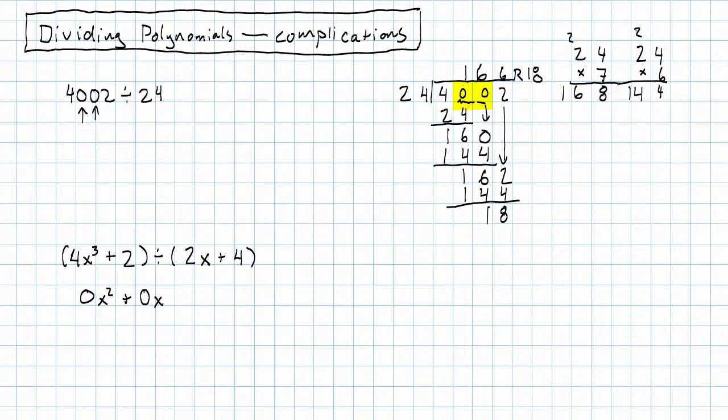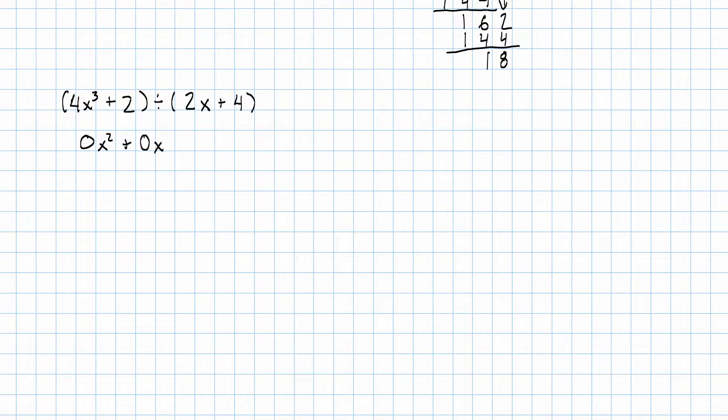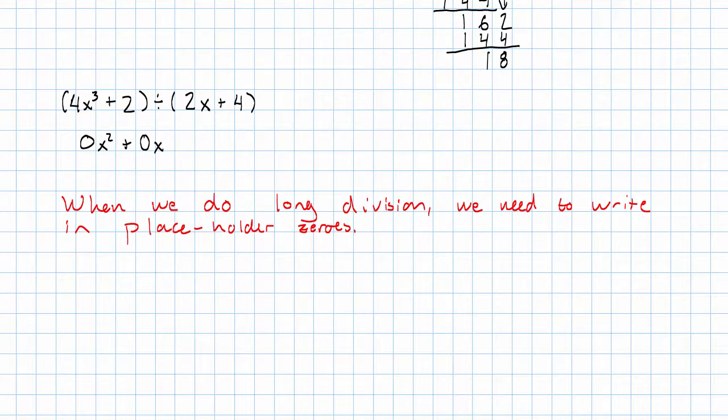When we do long division, we need to write in placeholder zeros. So when we set up our division bracket for this problem, we write our 4x to the third, then we write a 0x squared and a 0x, and then we actually have a constant, the plus 2.